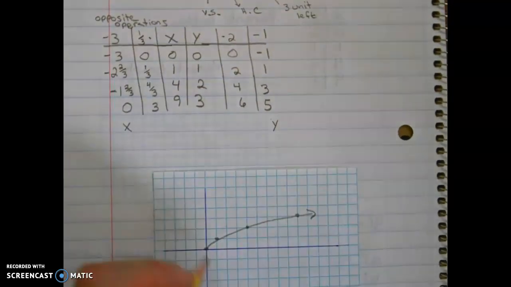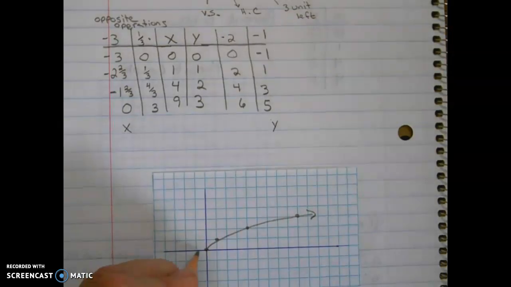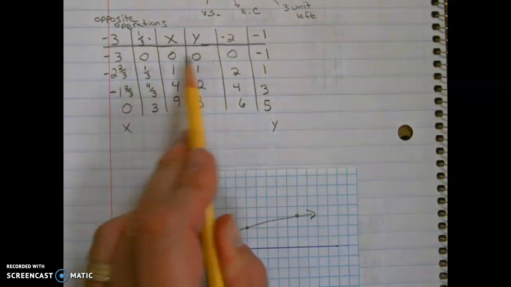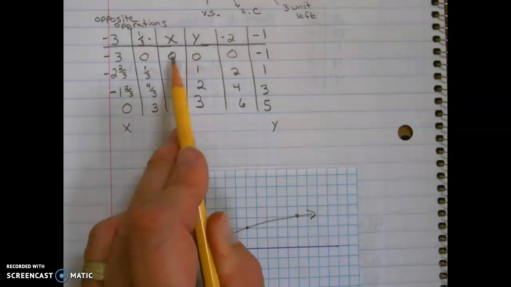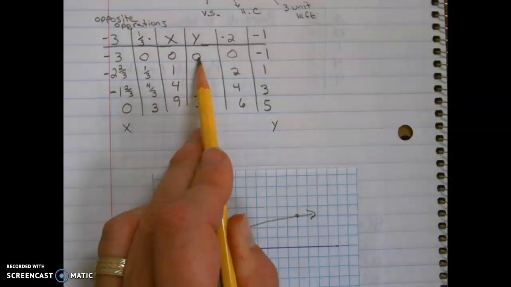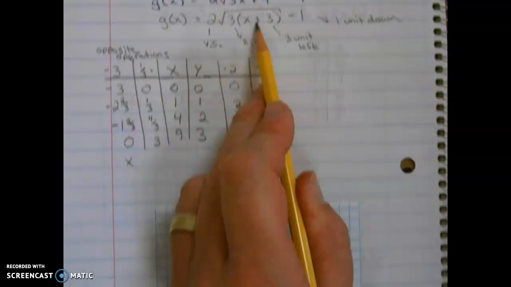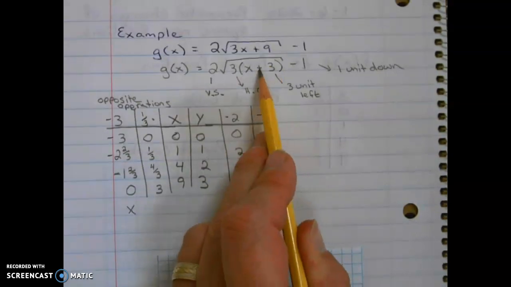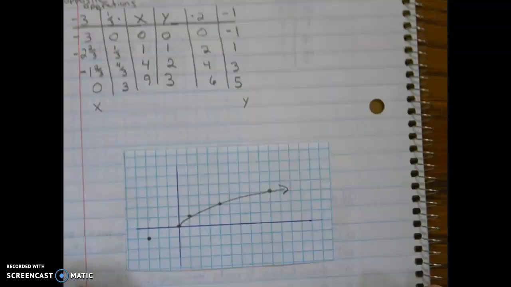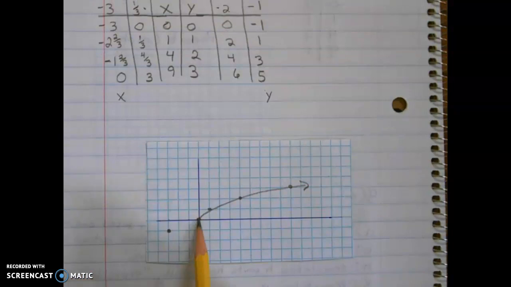New one. Let's see, -3, -1. Notice our translating point. The point that we translate is our starting point, or a special point. And it went 3 units left and 1 unit down.